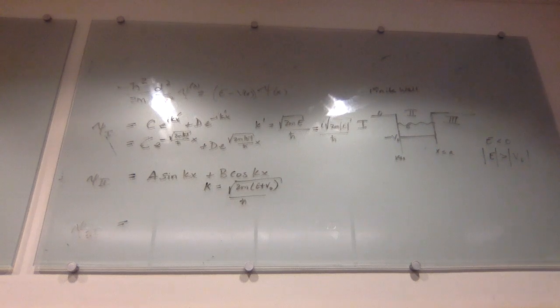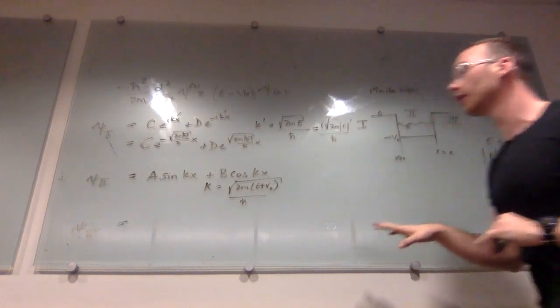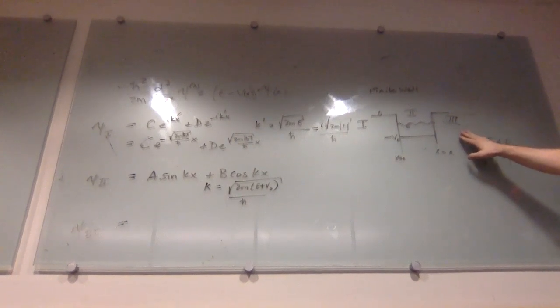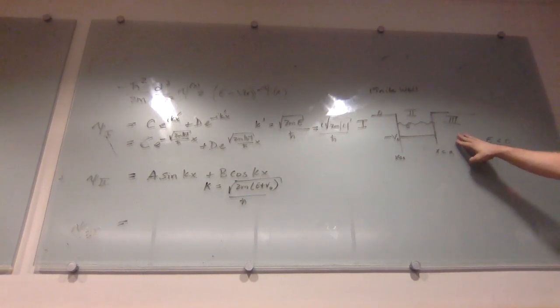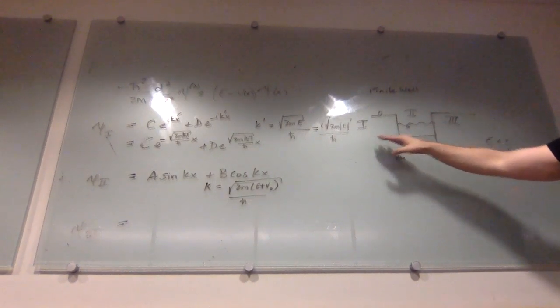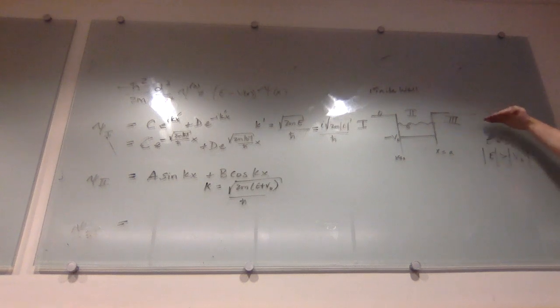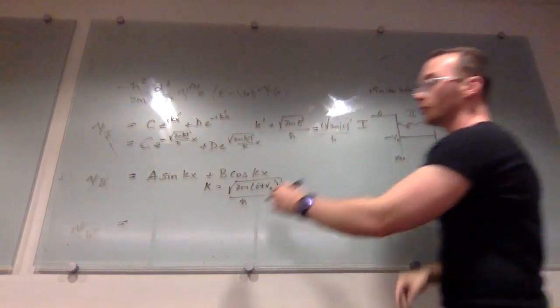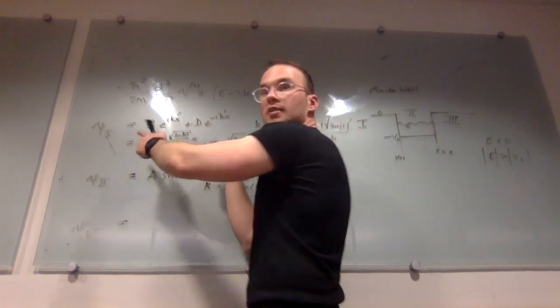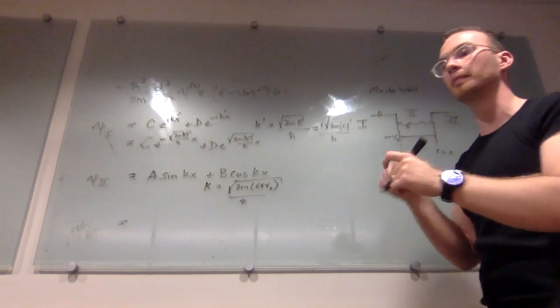Okay, and now let's just do region 3 real quick. What's going on in region 3? Just like with the tunneling problem, the barrier problem we just did, region 3 is identical to region 1. Everything's exactly the same. The particle still has energy E, so the solution is going to be the same. Of course, it's not going to have the same coefficients because those are arbitrary.